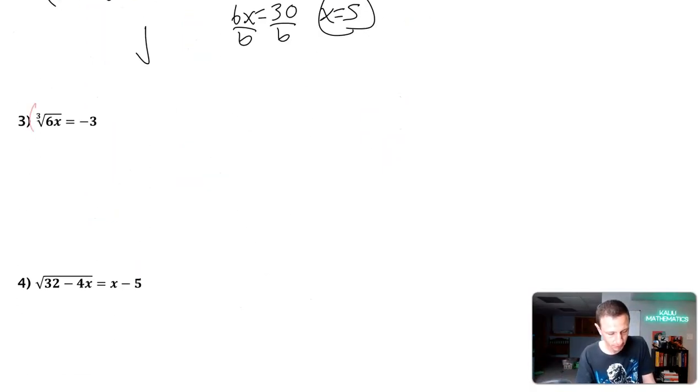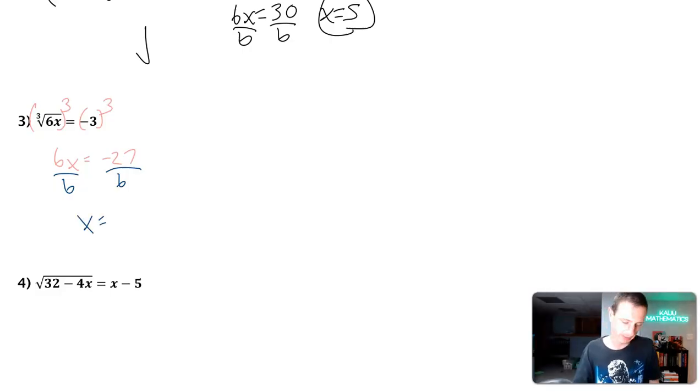So I'm going to raise this to the third. The cube root of 6x raised to the third is 6x, equals negative 3 to the third, which is negative 27. Divide by 6.